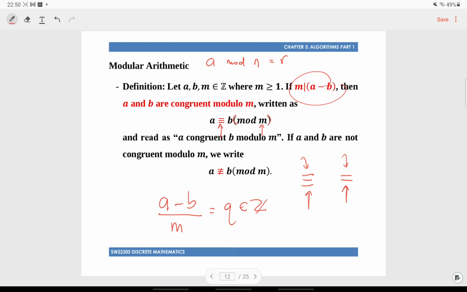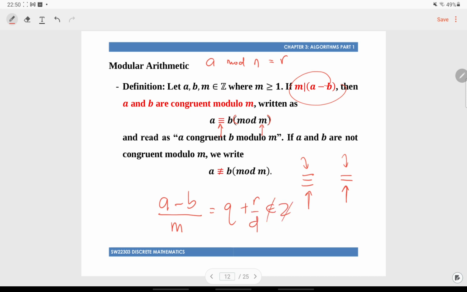What happens if a minus b divided by m gives q plus r over d, which is a non-integer value?